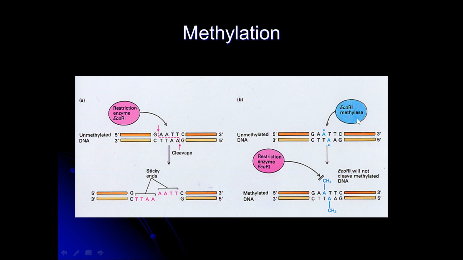EcoRI methylase comes. If a methyl group is present here, then what happens? EcoRI will not come and cut this site. EcoRI will not cleave methylated DNA. Remember this. If DNA is methylated, then the restriction enzyme will not come and cut the DNA.